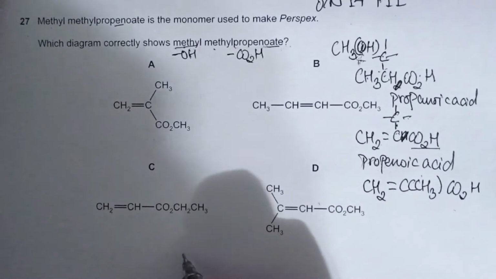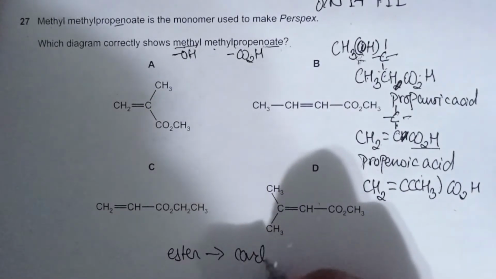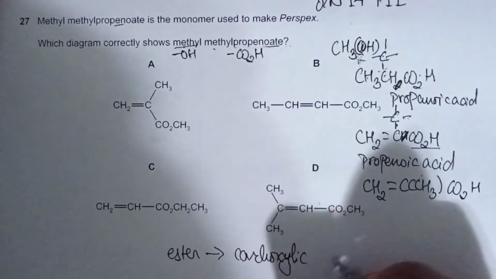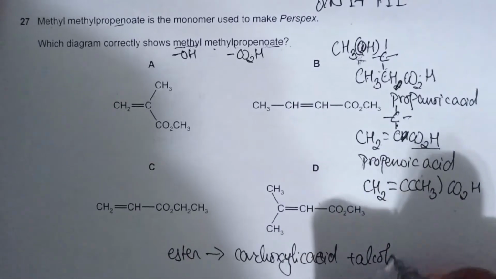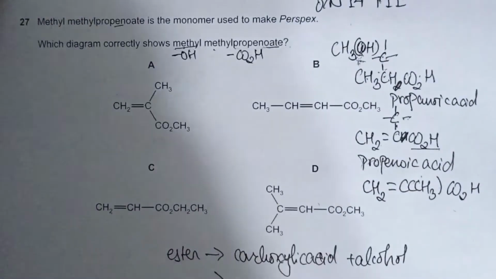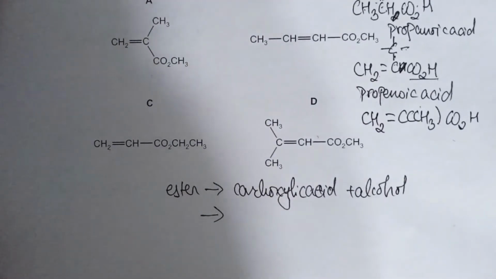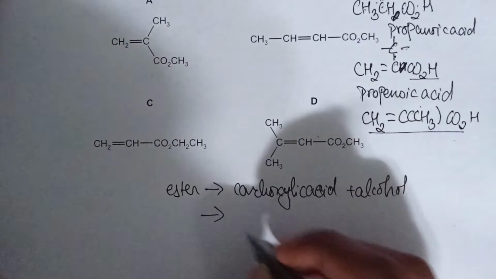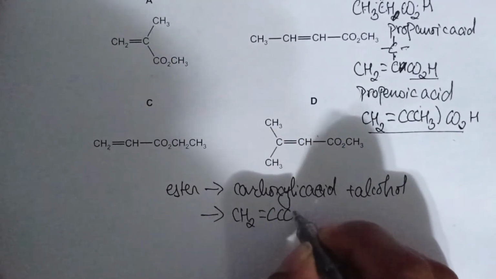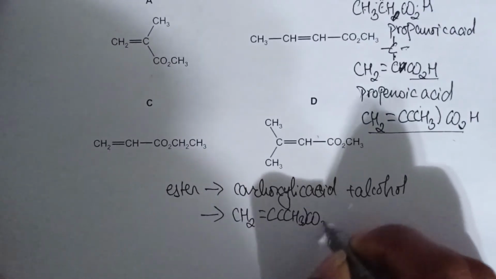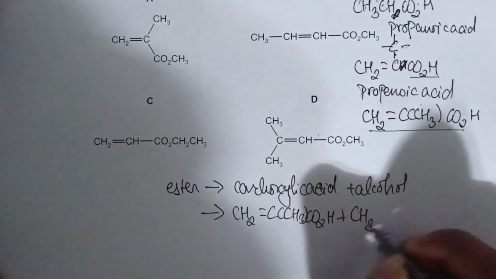Our process of making an ester is carboxylic acid plus alcohol. Let's do it this way. Our carboxylic acid is CH2=C(CH3)CO2H, and the alcohol is methanol, which we deduced earlier, CH3OH.